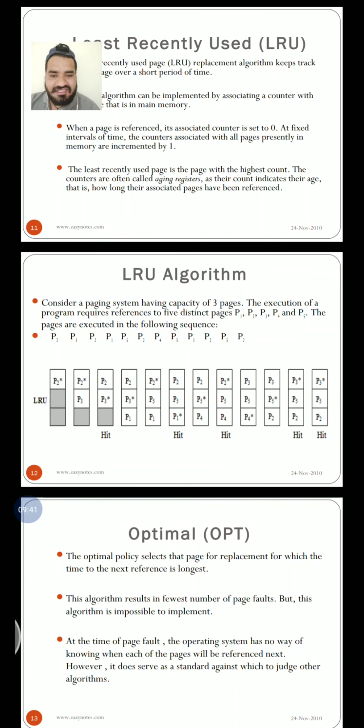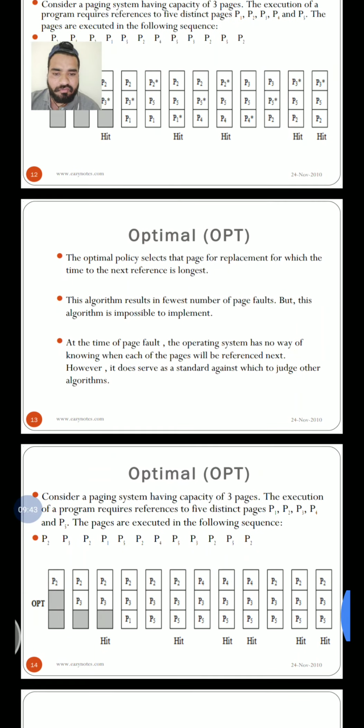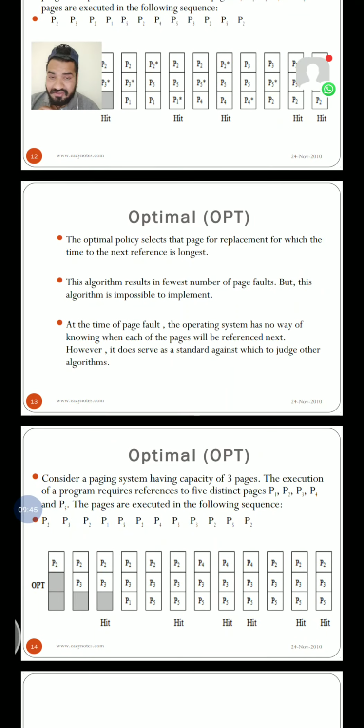Why are we using these page replacement algorithms? We are using them because we don't want to execute the whole program at the same time in the main memory. So we have divided our whole program into a number of pages, and we are accessing the whole process by the number of pages we want by using the concept of virtual memory.